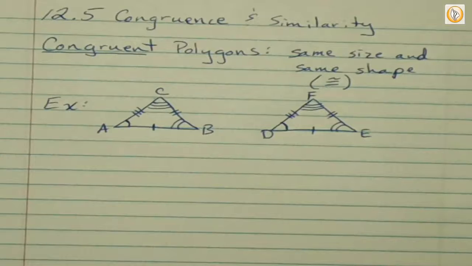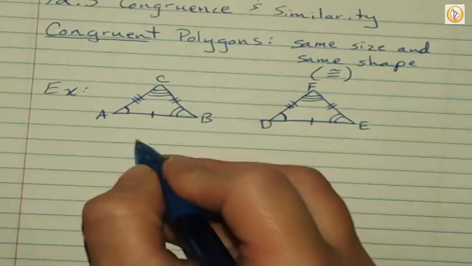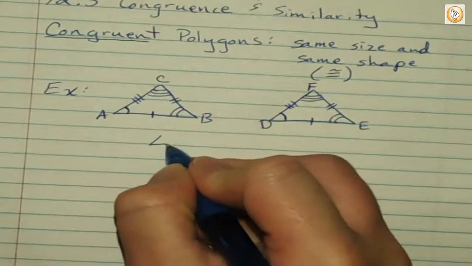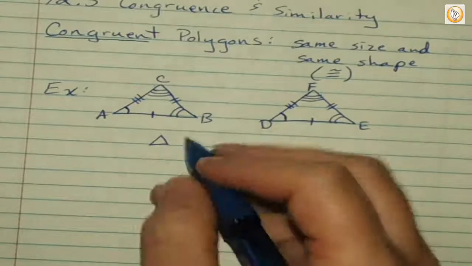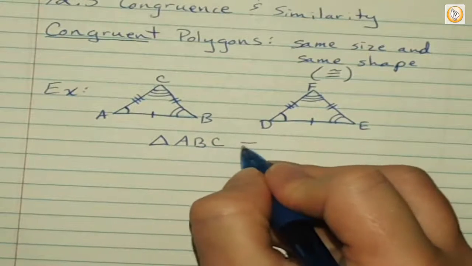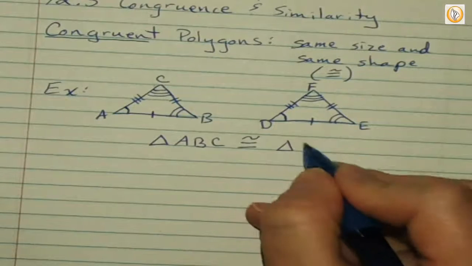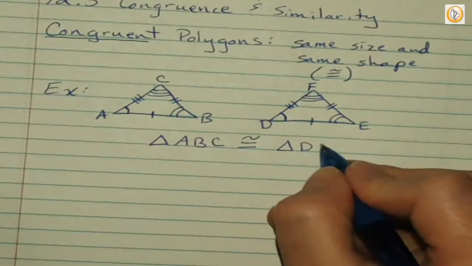So how you would write this is just like this. Triangle ABC is congruent to triangle DEF.